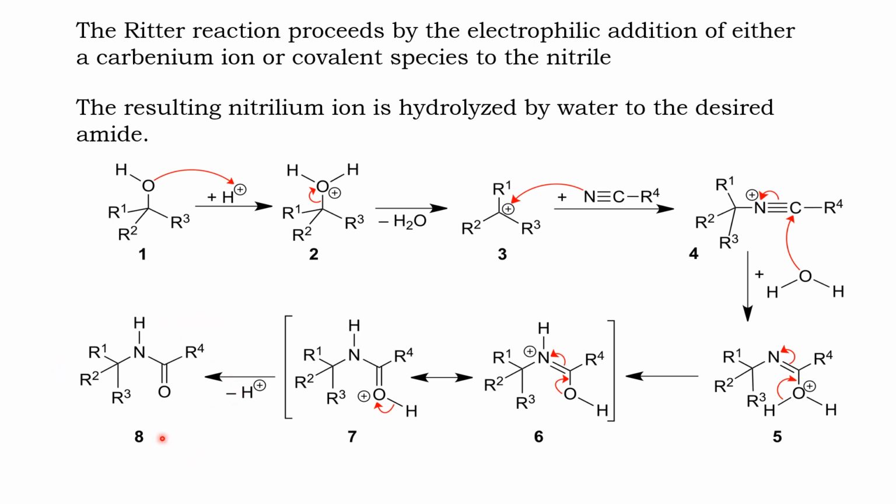That is the Ritter reaction. The same reaction could occur, instead of an alcohol, if we are using a double bonded compound, that means alkenes. So alkenes could also easily give a carbocation. So carbocation production is a must for the Ritter reaction. Take down carefully.